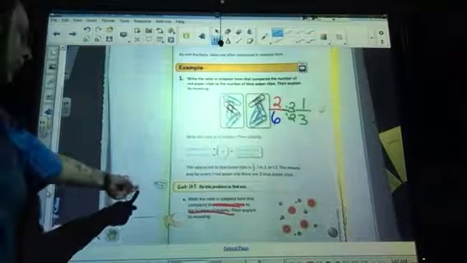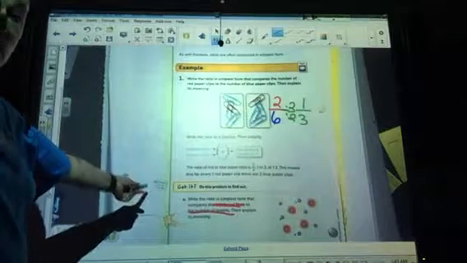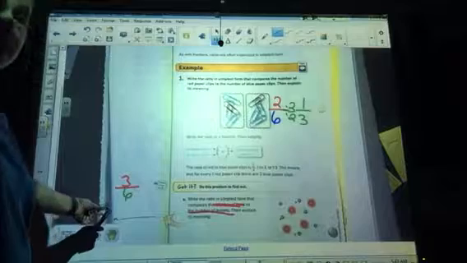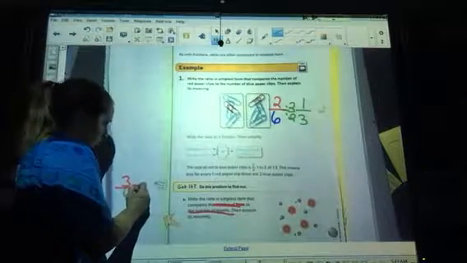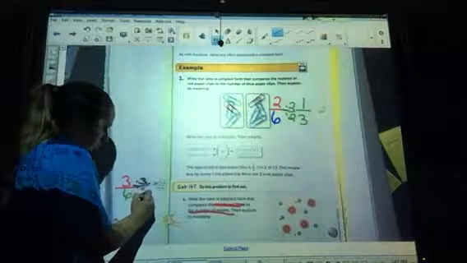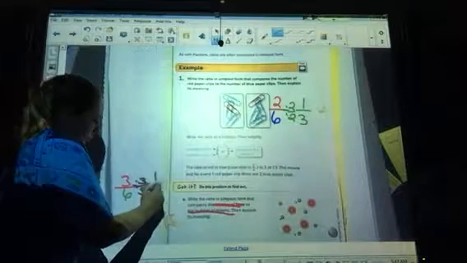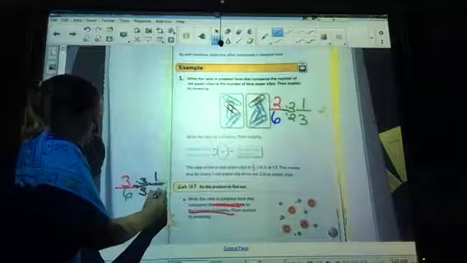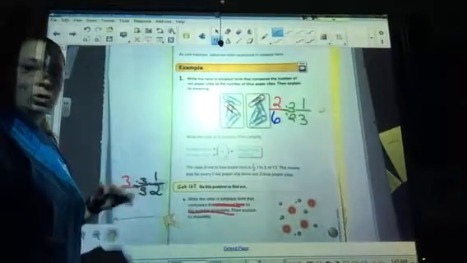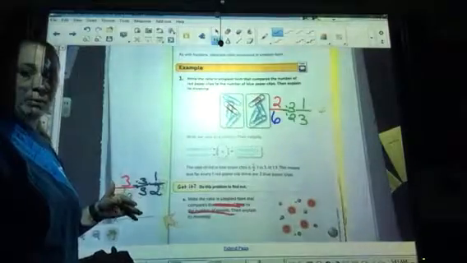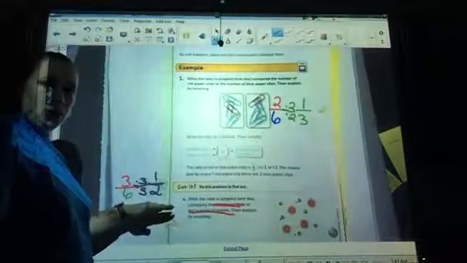Because 3 divided by 3 is what? 1. So 6 divided by 3 is 2. And whenever you have a fraction that has a 1 on the top, you know you're completely at simplest form. So that is the very lowest that you can go.